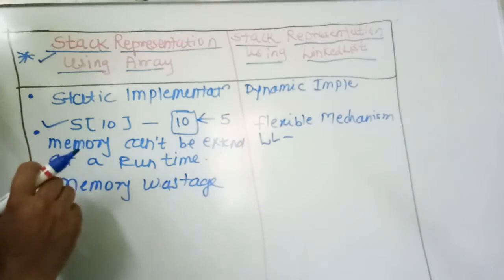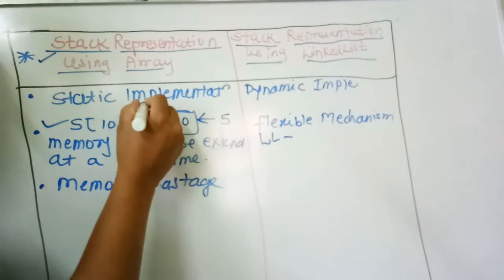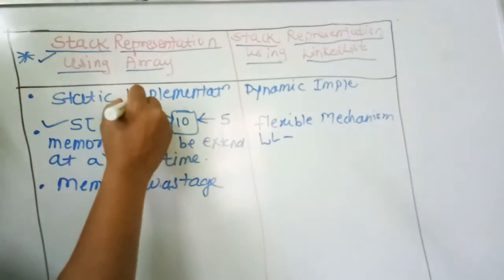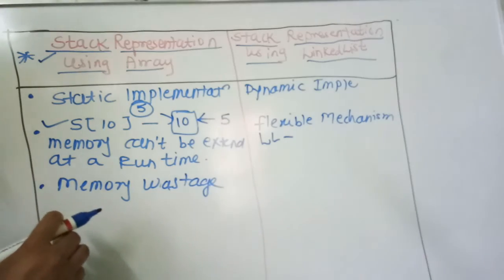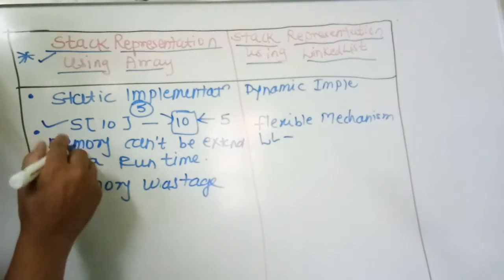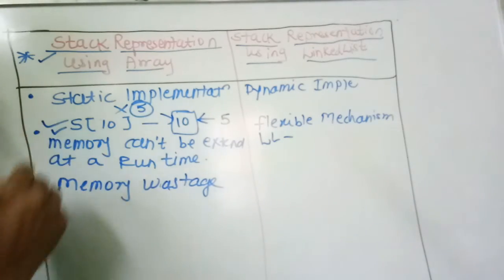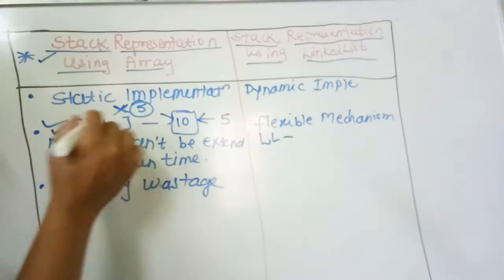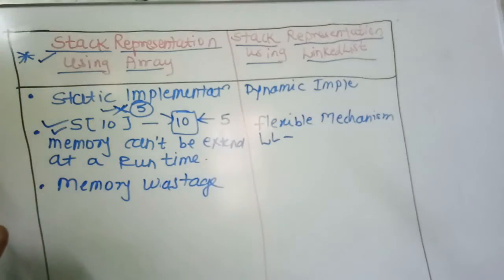Then the remaining 5 element spaces will be wasted. These 5 memory spaces could be used by other users, but this data does not use them, so they waste the memory required by other users.